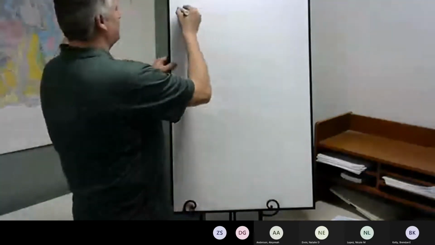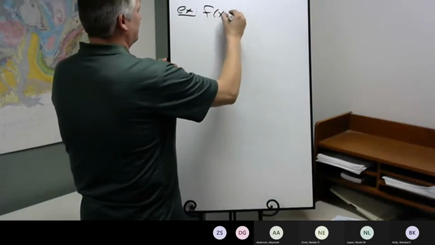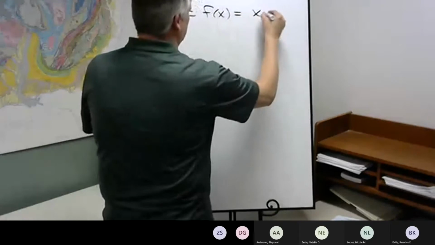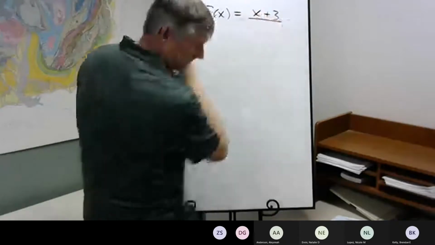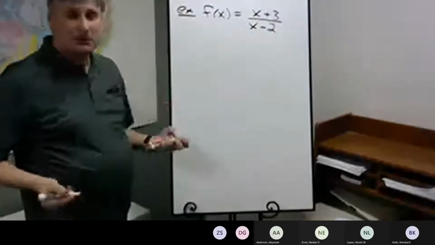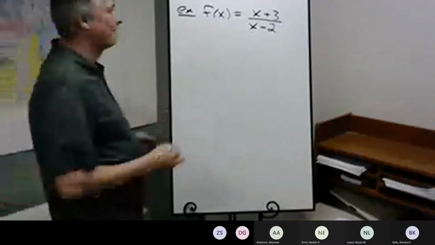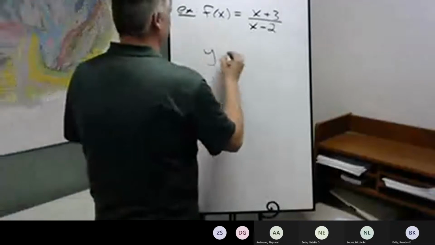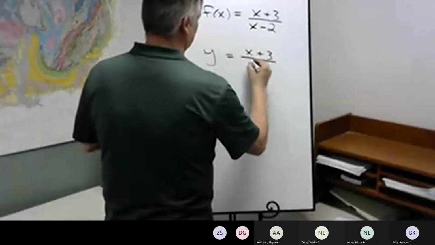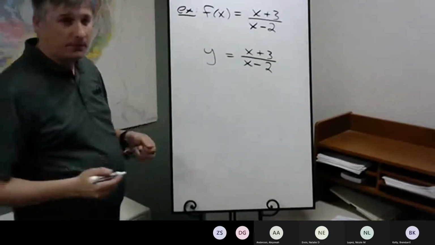So let's say we have this. And we're supposed to find the inverse. Again, we could relabel this as y. Switch out the variable labels.